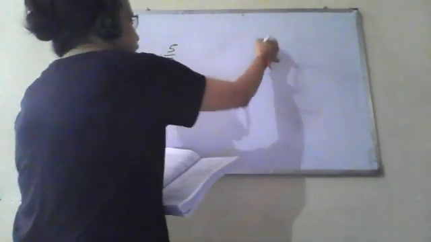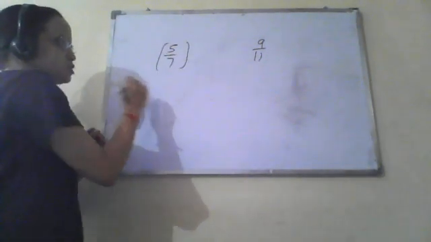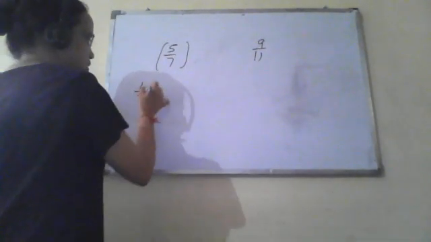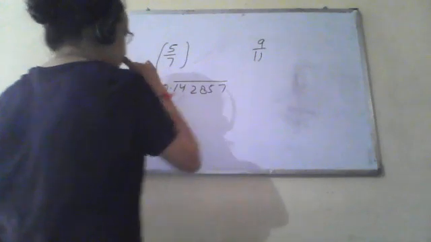Now next question. This is 5 upon 7 and 9 upon 11. We have to find 3 irrational numbers between these. You have to just find the value of these. 1 upon 7 was 0.142857, so we just multiply it by 5.